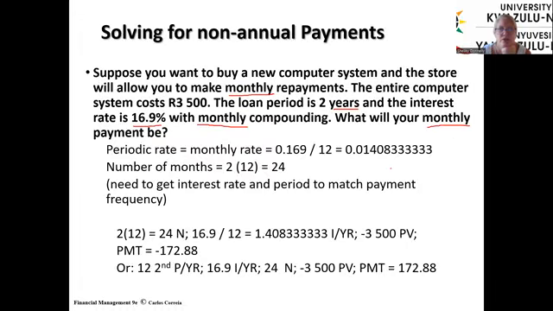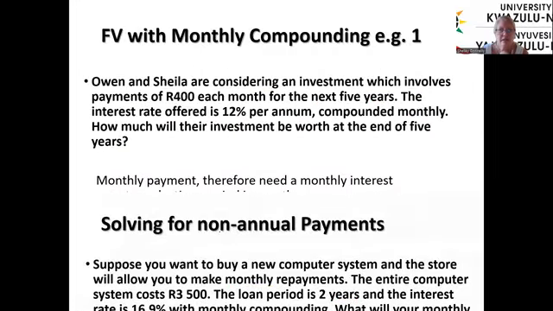Okay. So as I've said to you before, you can either leave your PYR setting on 1, and then you'll have to do the work for your calculator by dividing your annual rate of 16.9 by 12 and using that monthly rate. Either method that you use, you've got to convert your years into months, 24, to match your payment frequency.